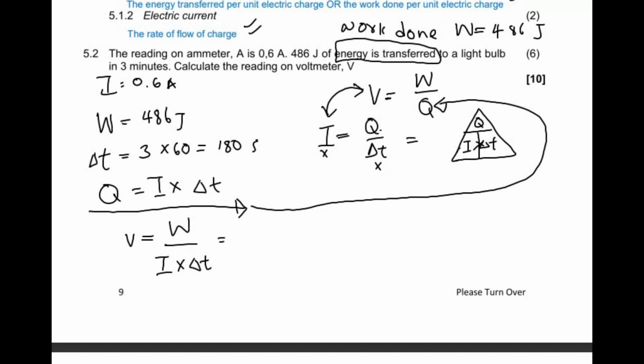So V is equal to 486 divided by the current, which was 0.6, multiplied by 180. Let's see how much is that.